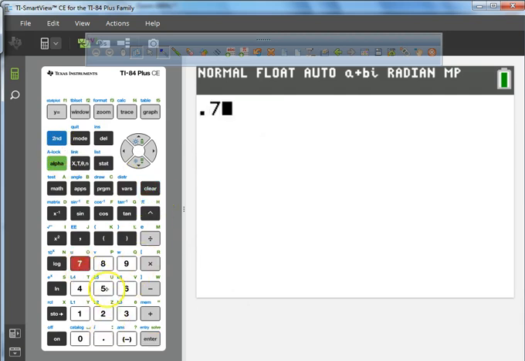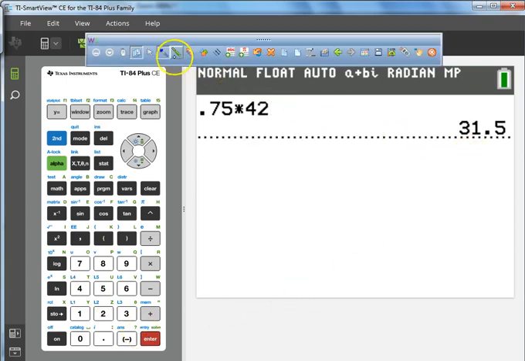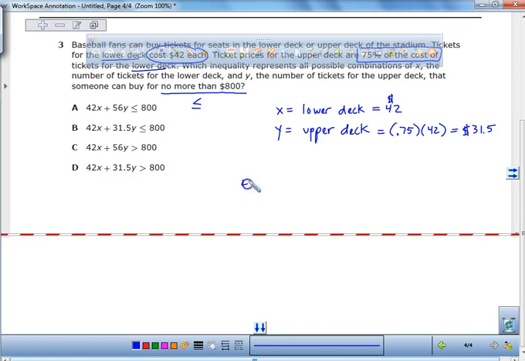What does that give you? $31.50. So the upper deck costs $31.50 per ticket.